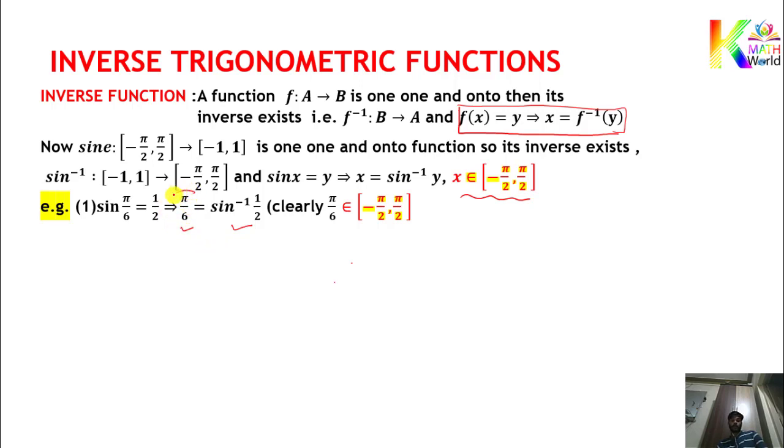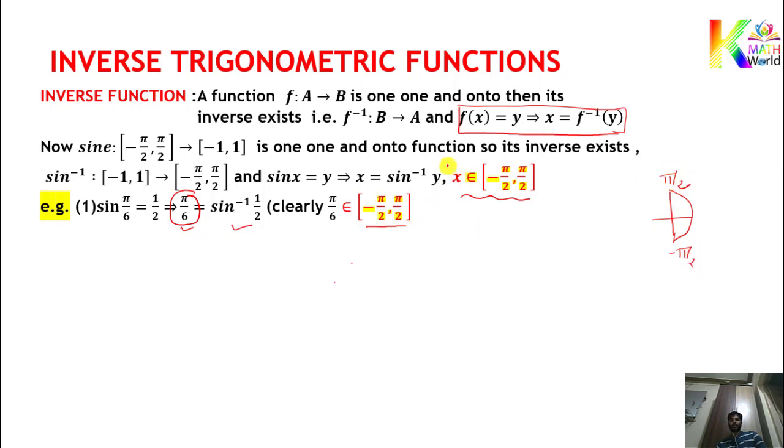Moreover, you can see this pi by 6 means 30 degrees, and 30 degrees must lie in this interval. This is from minus 90 to plus 90. Here you have minus 90 and here you have plus 90.